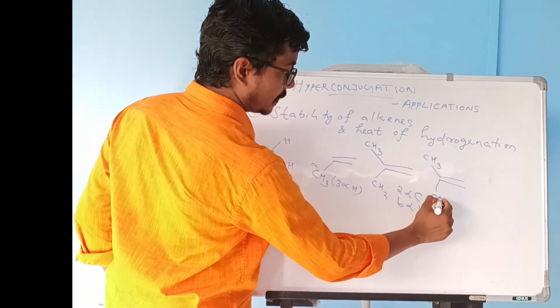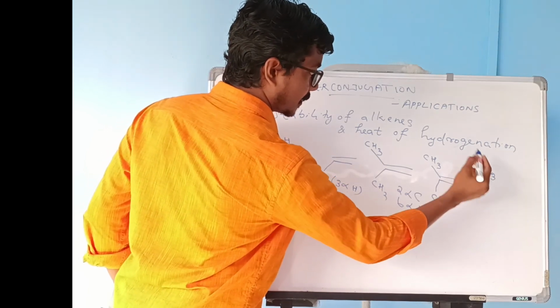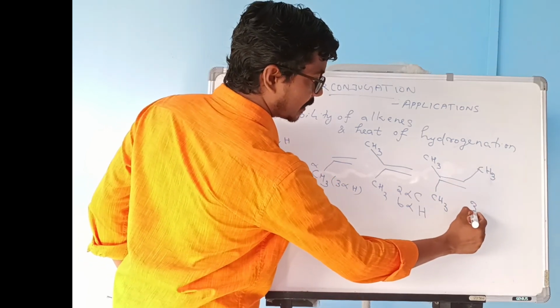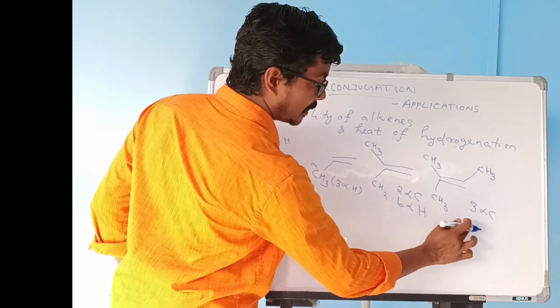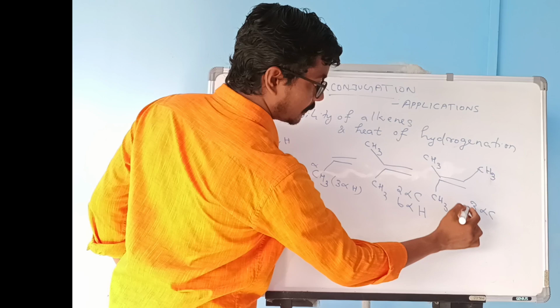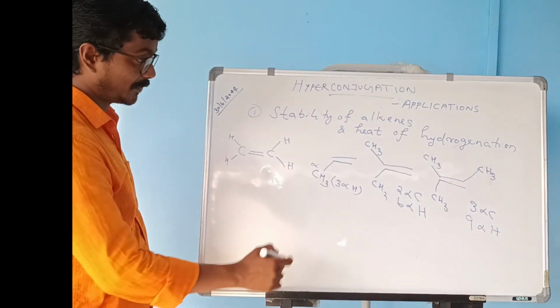CH3, CH3, and CH3. So there are 3 alpha carbons and 9 alpha hydrogens, right?